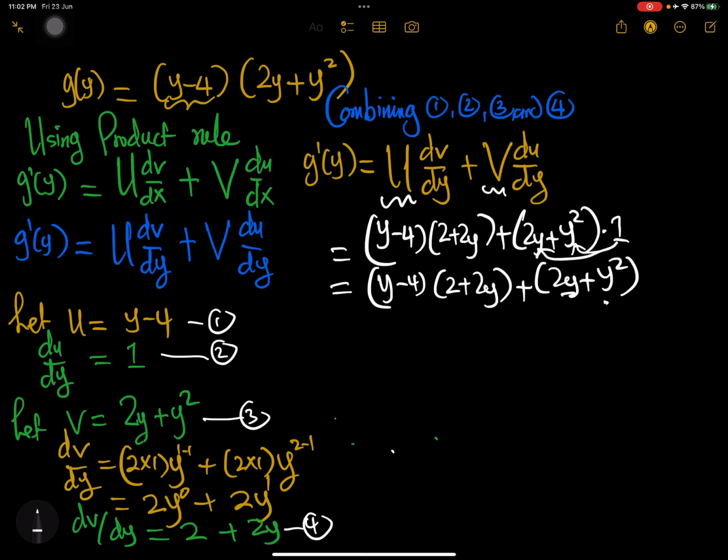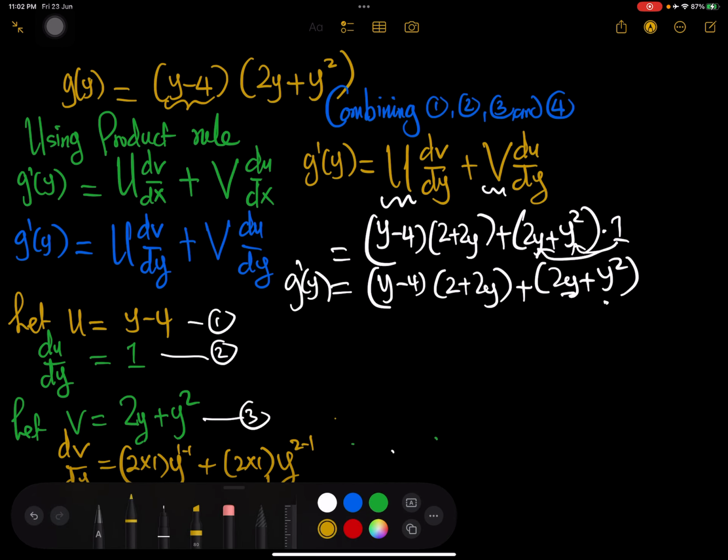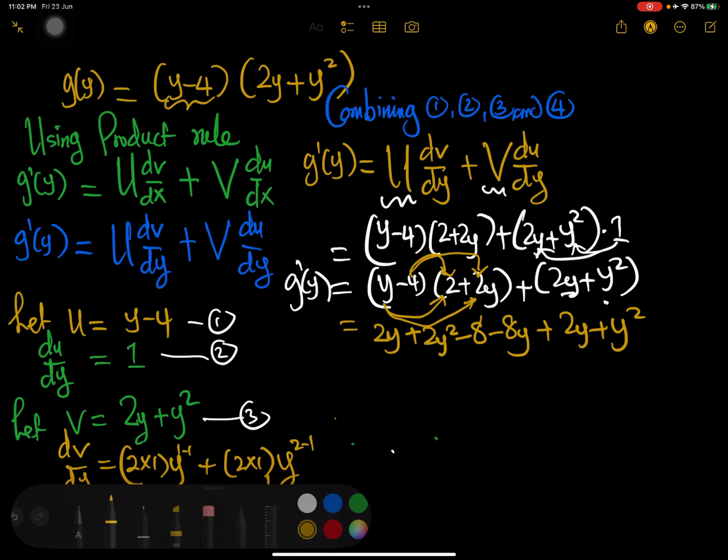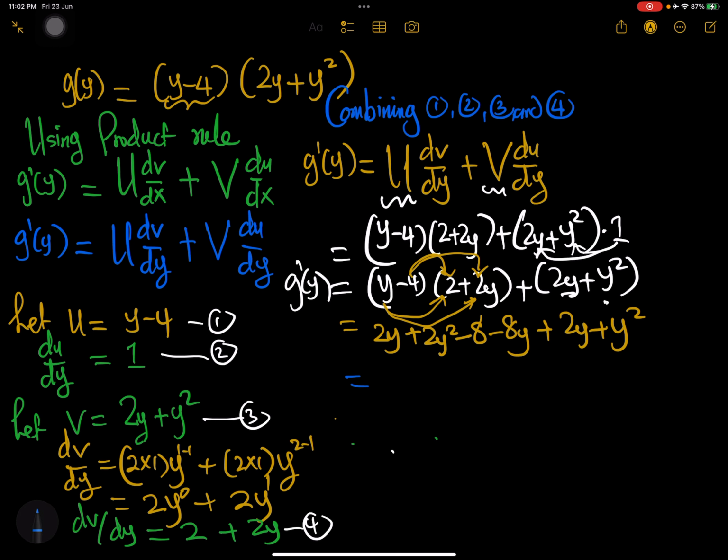Now we can expand. To do this, we are going to get 2y, plus 2y squared, minus 8, and then minus 8y, plus 2y plus y squared. And then we're going to rearrange.